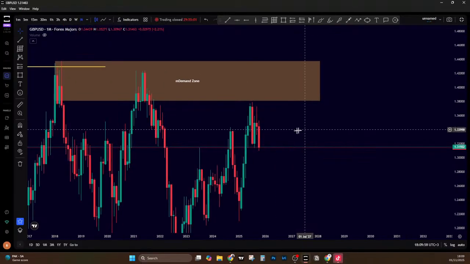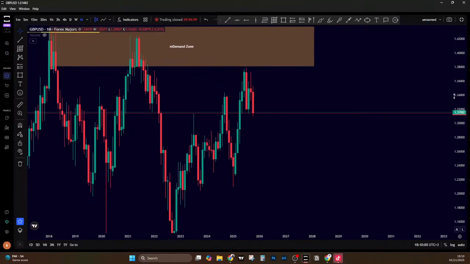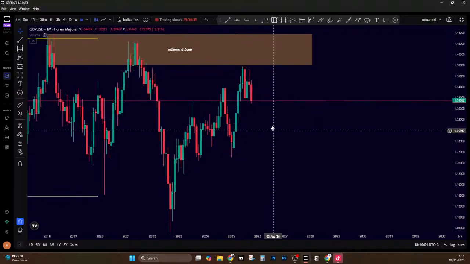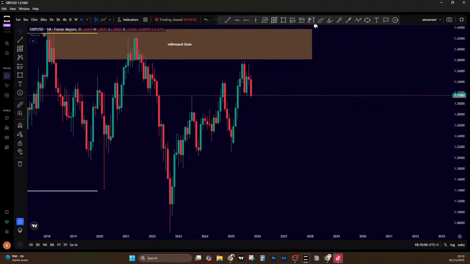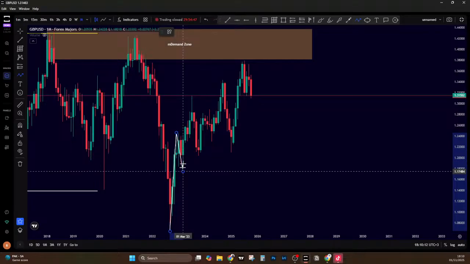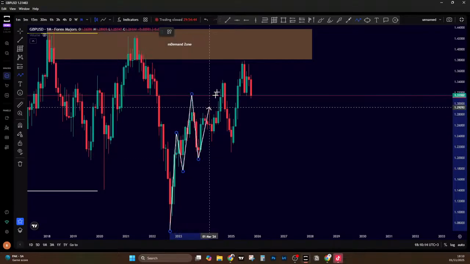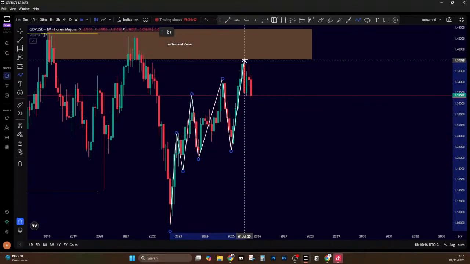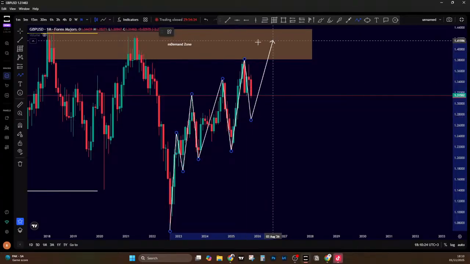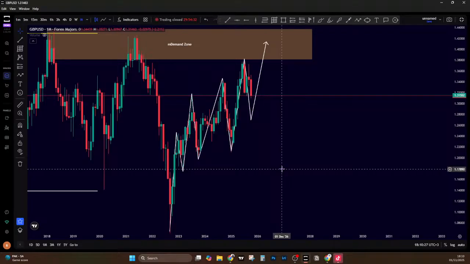So we expect that, because this move looks bullish, I know it closed bearish, but if you look at this, this is what has been happening. Higher high, higher low, higher high, higher low, higher high, higher low, higher high. So we're expecting the market to make a higher low and then come to our demand zone.